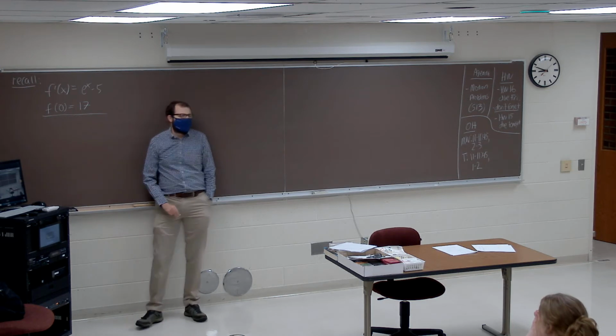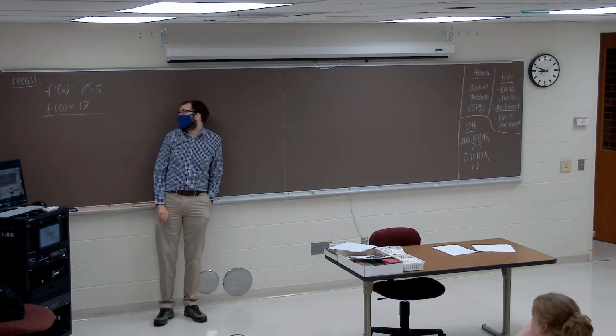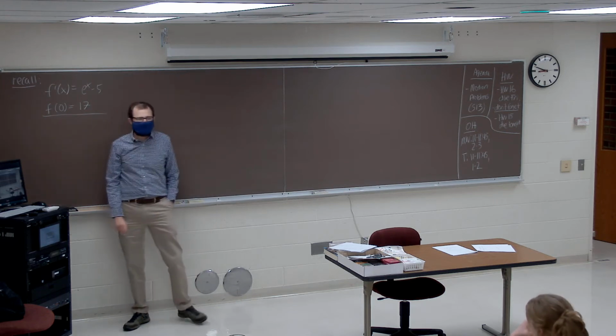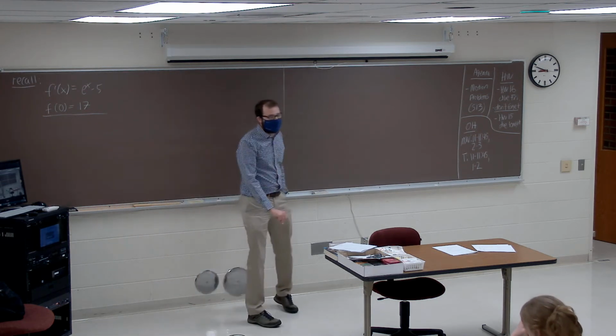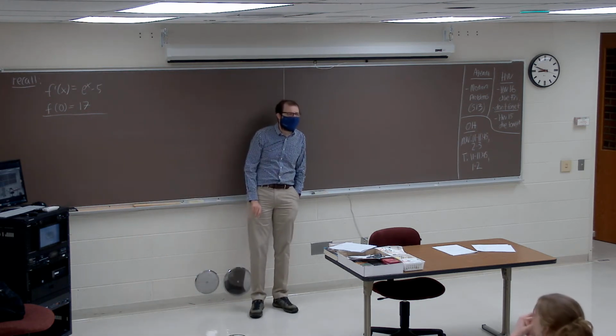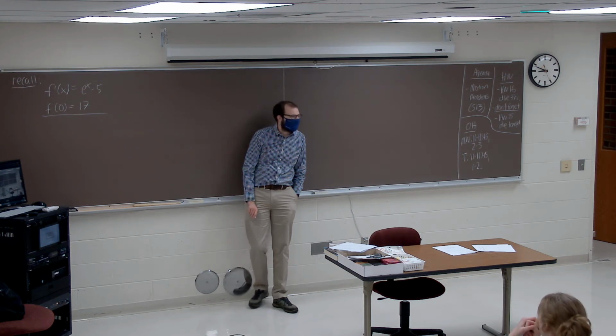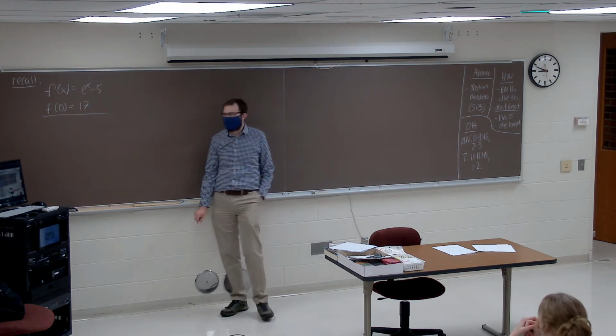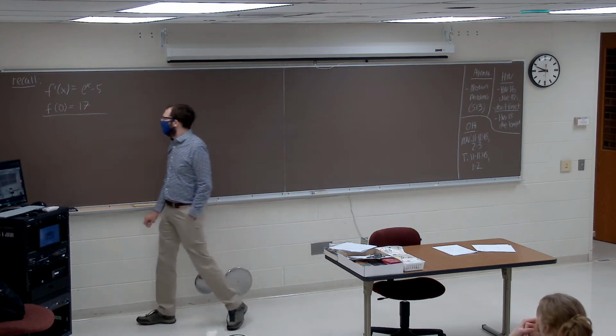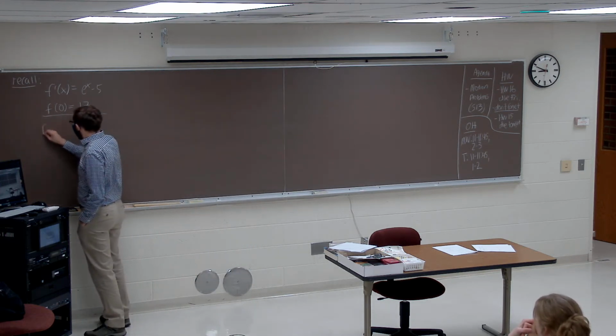So if we know that f prime of x is e to the x minus 5 and that f of 0 is equal to 17, what can we do if we want to solve for f of x? Josh? You can integrate f prime of x just to find what f of x equals. Okay.